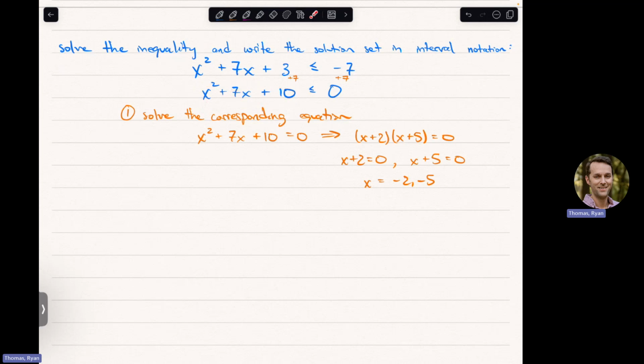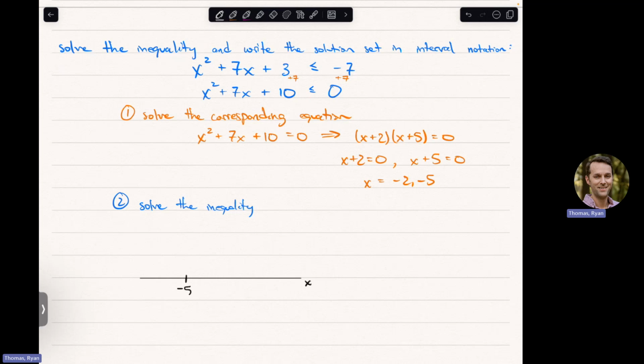So that tells us where this is equal to 0. Now what we want to figure out is where it's less than 0. So now we'll solve the inequality. And I'm going to look at two ways of doing this, but at the same time. So as usual, I'm just going to draw myself a little x-axis number line to keep track of things.